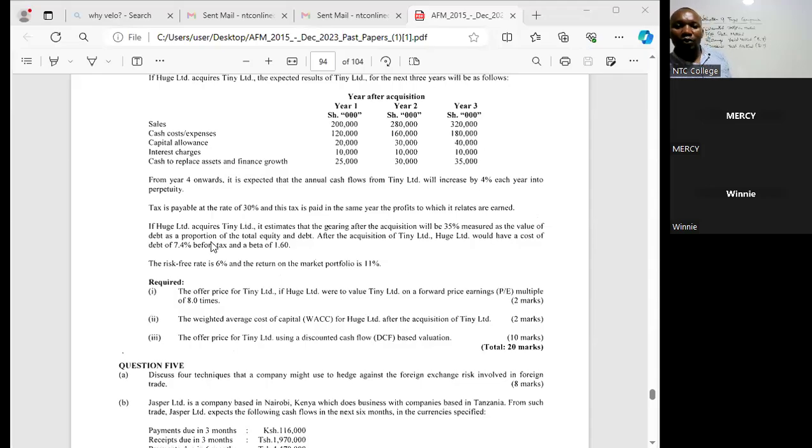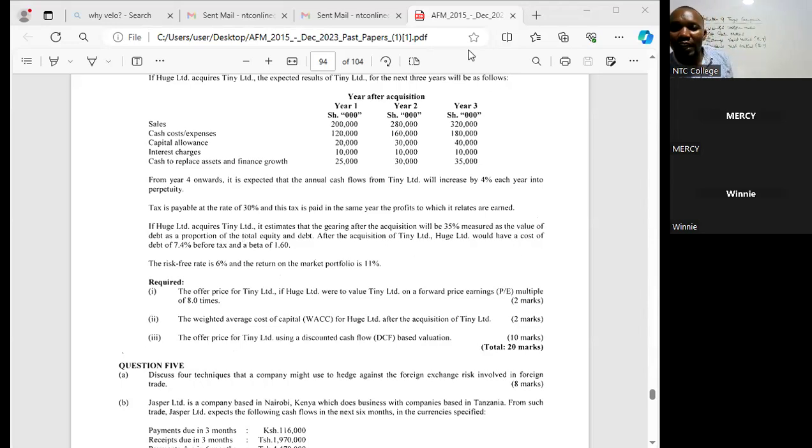If Huge Limited acquires Tiny Limited, it estimates that the gearing after the acquisition will be 35% measured as the value of the debt as a proportion of the total equity and debt. So what is the total equity and debt? What does that mean? They are telling you that gearing is going to be given at 35% of the total equity and debt.